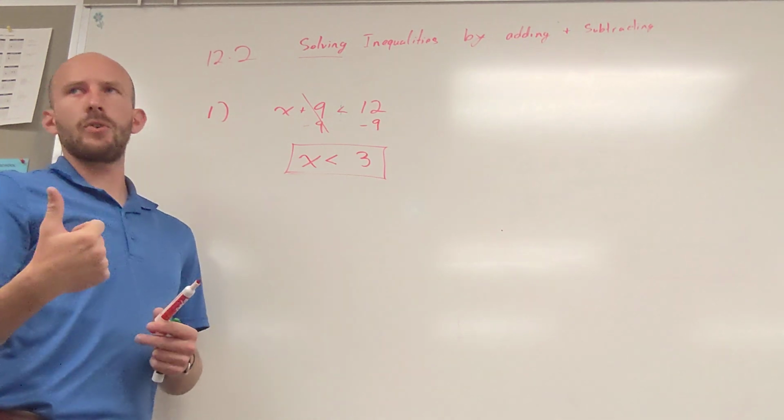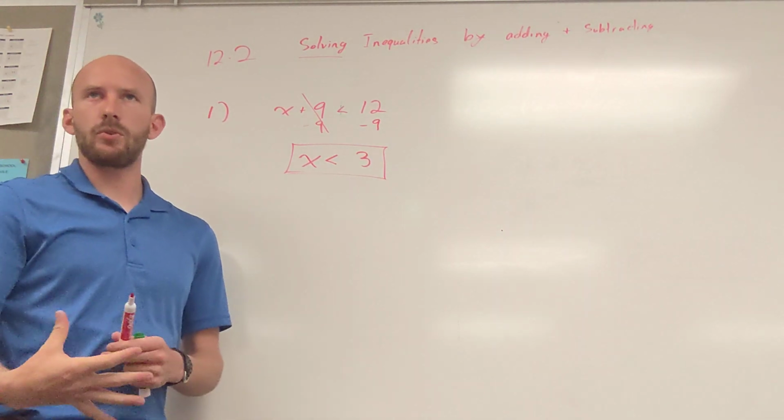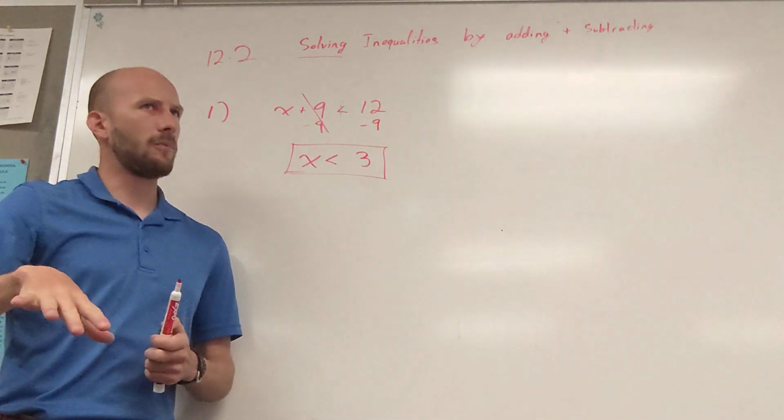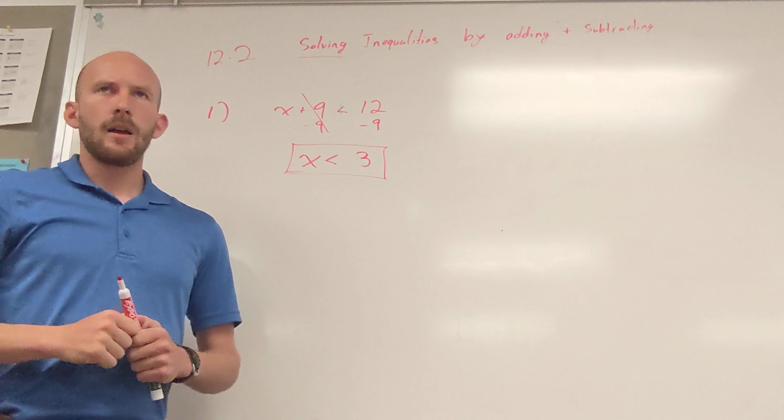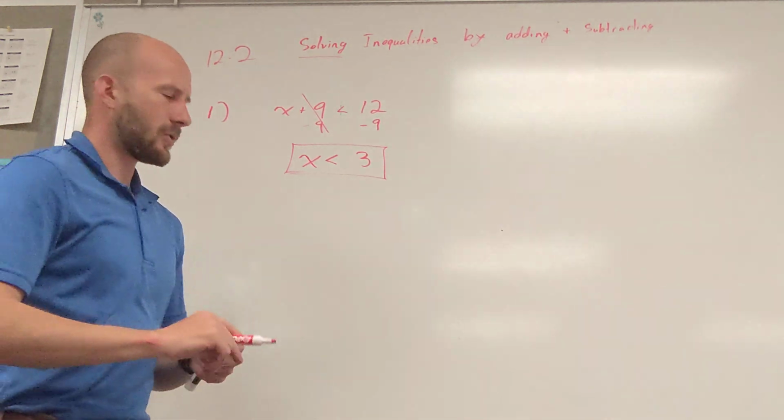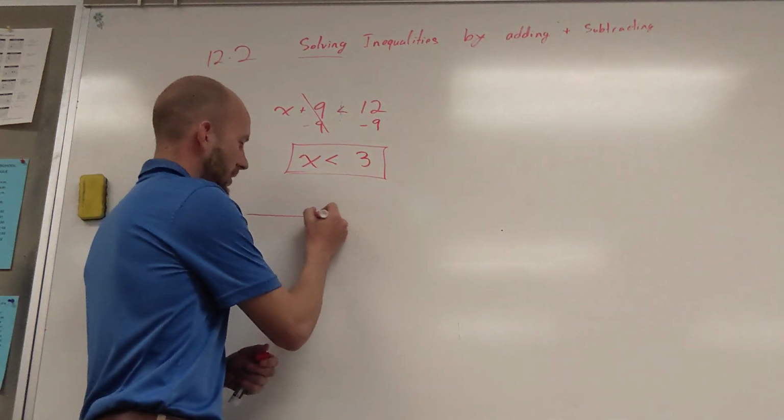On the first two, I'm going to graph the solution here. There are a few on your homework that will ask you to do that, not all of them, so make sure you read the directions. So go ahead and make your number line.